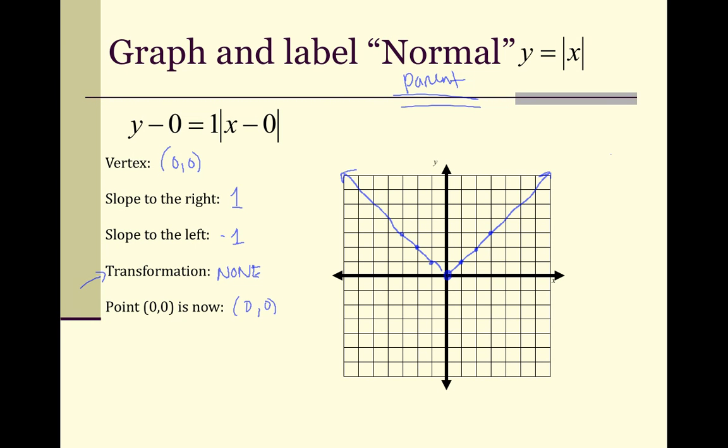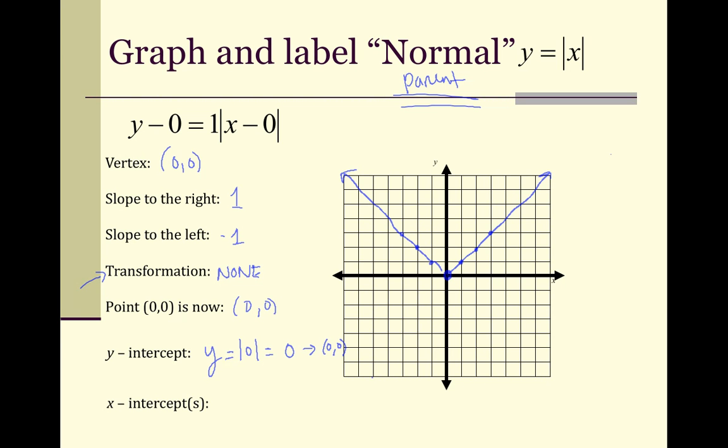What about the y-intercept? We can see it, but the y-intercept is where x equals 0. So really it's algebraically y equals the absolute value of 0, which is 0. So my y-intercept is at 0, 0. What about the x-intercept or x-intercepts, right? I could have up to 2.